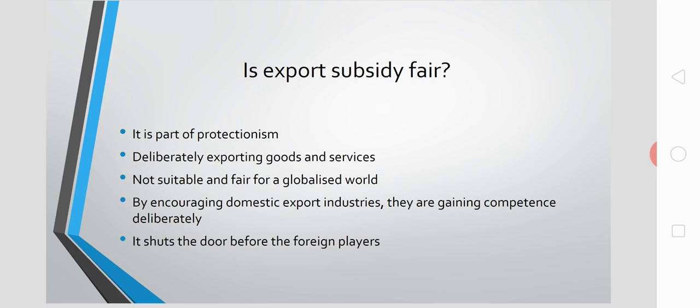But in certain circumstances, export subsidy may be necessary to flourish the domestic sectors, domestic industries, increase the employment opportunities, and increase the national income of the nation. This may be necessary in certain circumstances, but anyhow, this trade restrictive measure is being utilized by the nations.